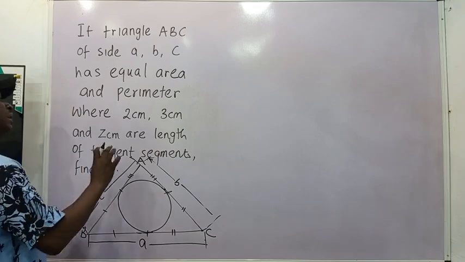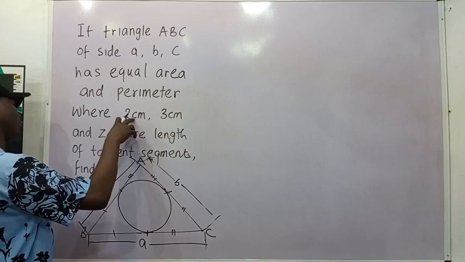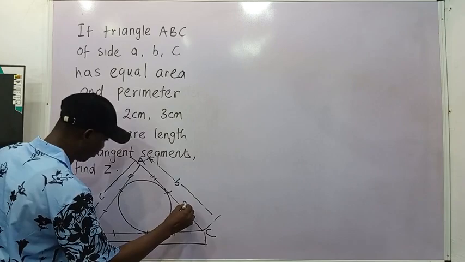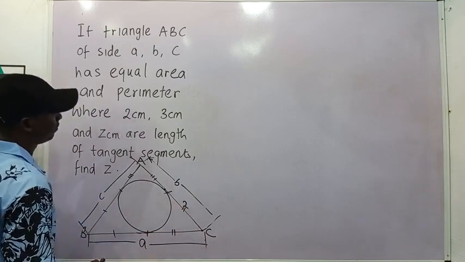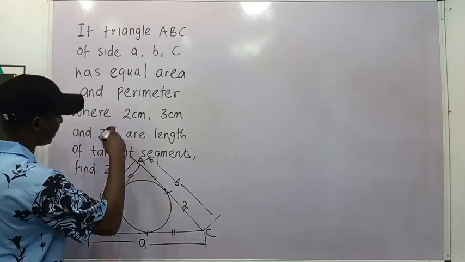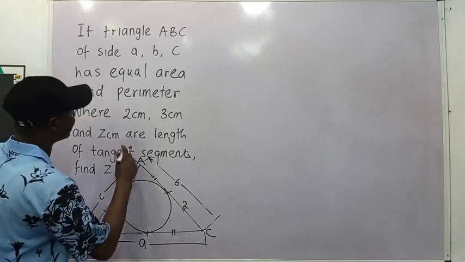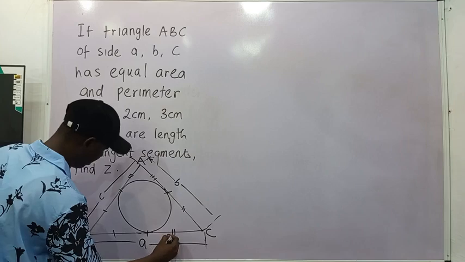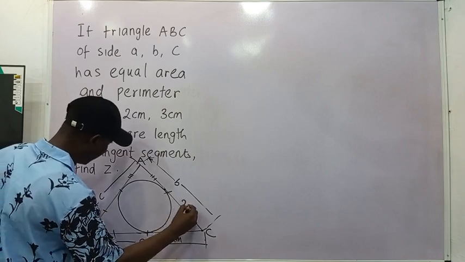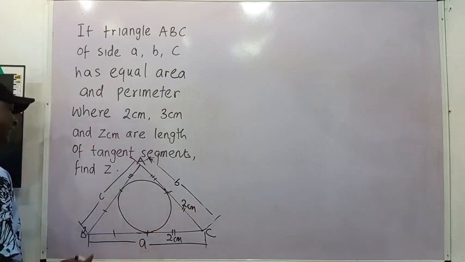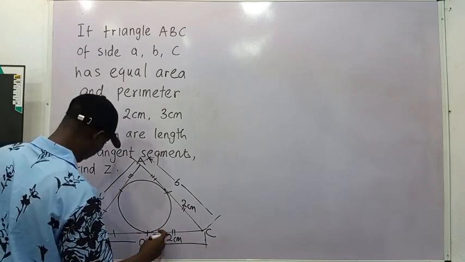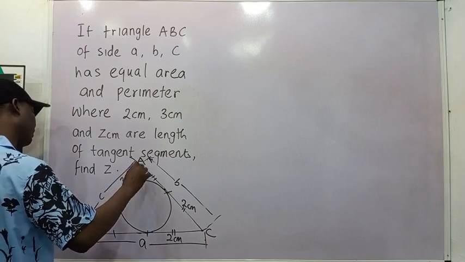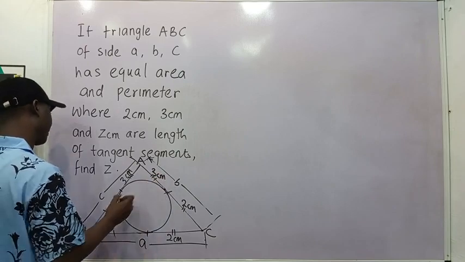Now, the first tangent segment is 2 centimeters. I take any tangent segment here to be 2 centimeters, and the tangent segment at the same point is equal to this place. Then here is also 3 centimeters, and here is also 3 centimeters.